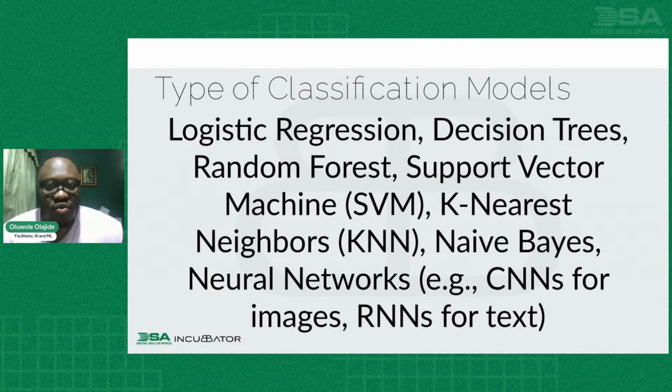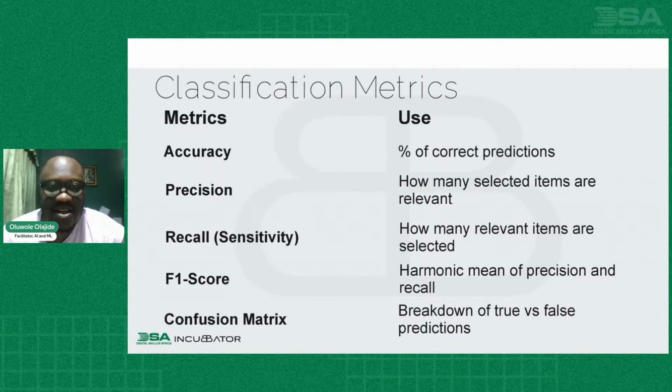Then we moved to the types of classification models that you can have: your logistic regression, your decision trees, your random forest, your SVM, your KNN, your CNN, and things like that. Then what are the metrics? So I spoke about these metrics: your accuracy, your precision, your recall, F1 score, and confusion matrix.